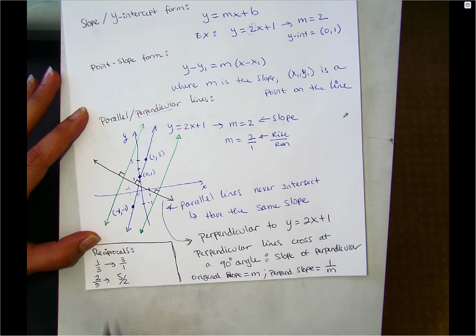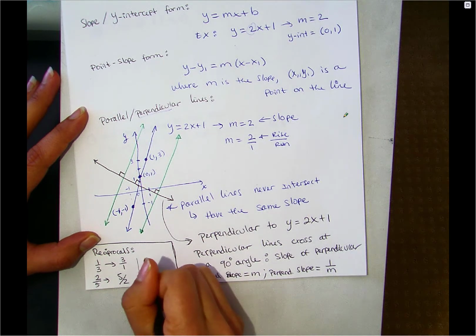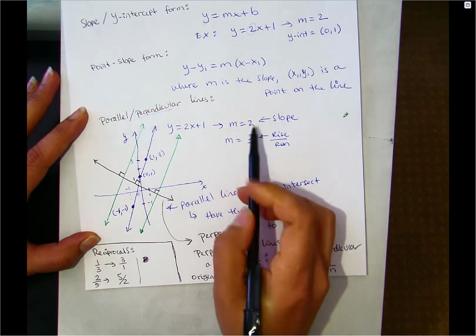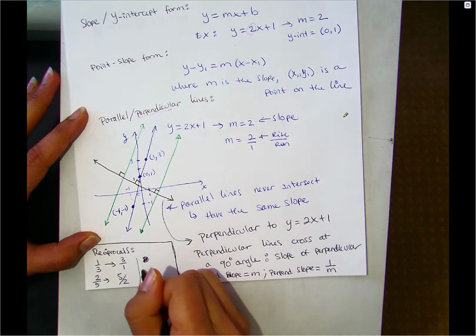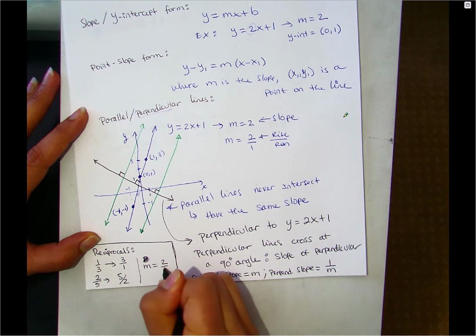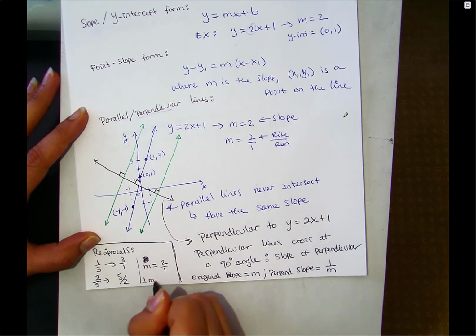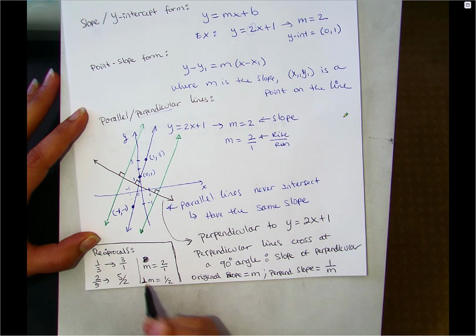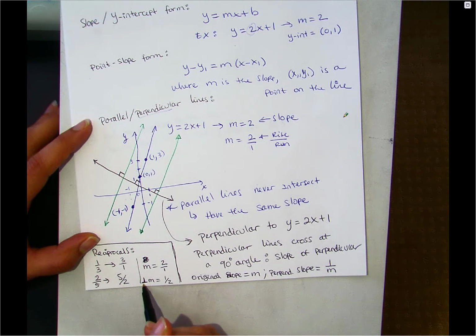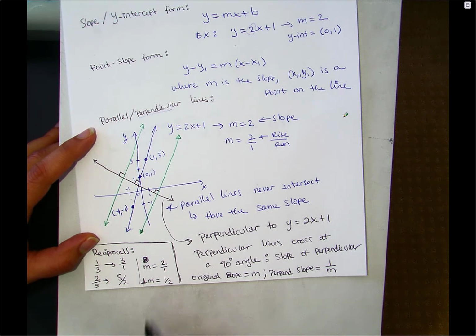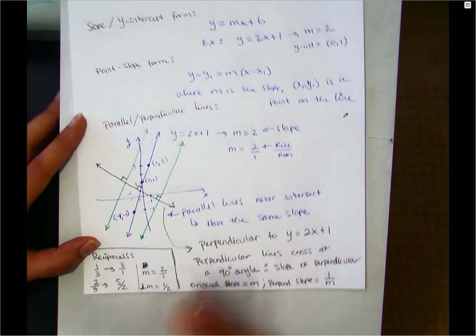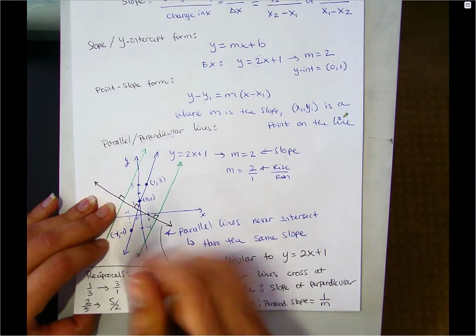Let me try the one that we did here. The slope here is 2, so if m equals 2/1, the perpendicular slope is 1/2. This little upside down t is the symbol for perpendicular, so you may see that often. But I'll come back to perpendicular lines and parallel lines.